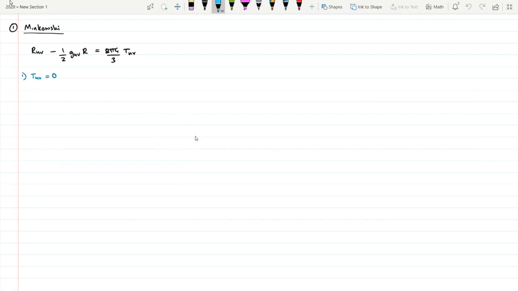Okay, so what do our equations now imply? The equations imply essentially that R_μν equals 0 is the implication from Minkowski. And there are many such metrics like this, and you'll find that if you solve this, you'll get our familiar g_μν.